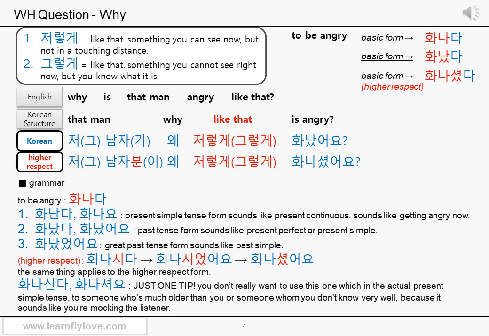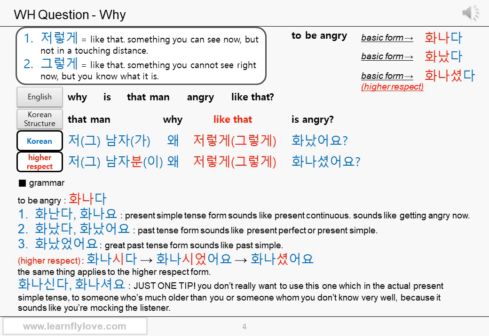How about the next one? 화나요, 화나요. You must be familiar with this form. This must be the stem 화나 plus the ending 아요. And 나 and 아 sound combined as one because they both have the same vowel 아. So it's not 화나아요.